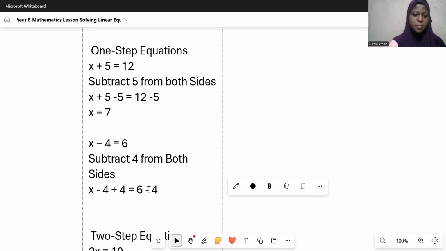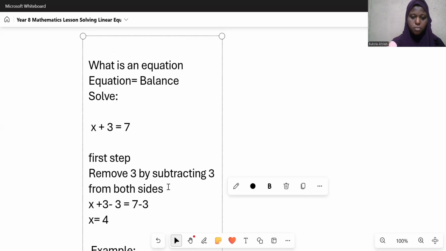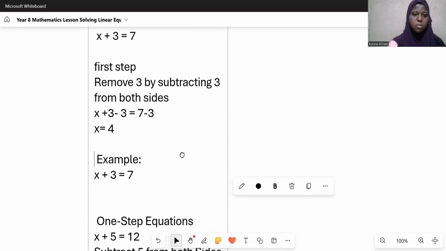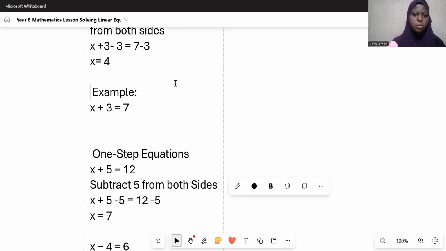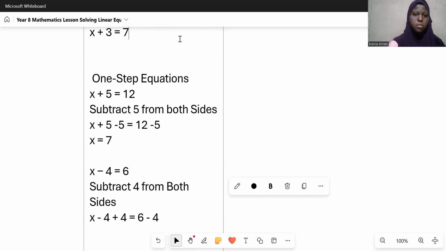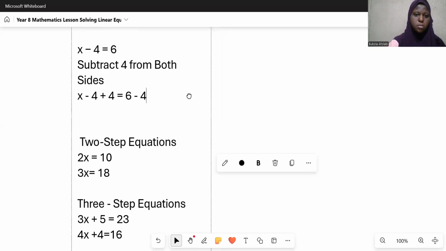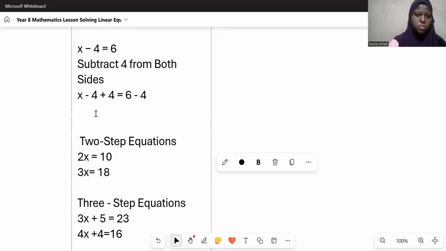So we have X equals 2. Good. Now let's look at another type of equation.